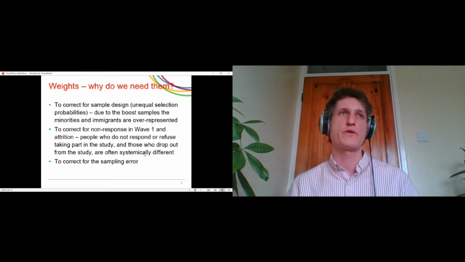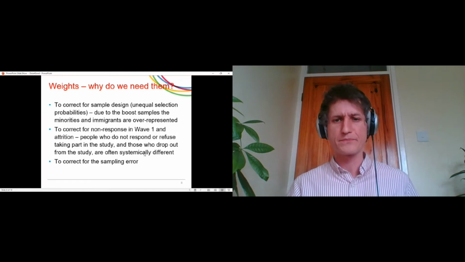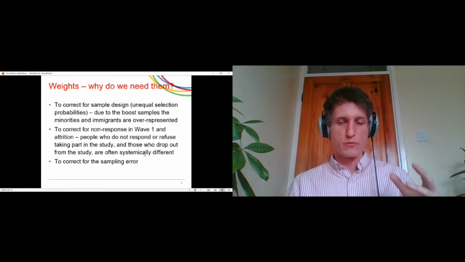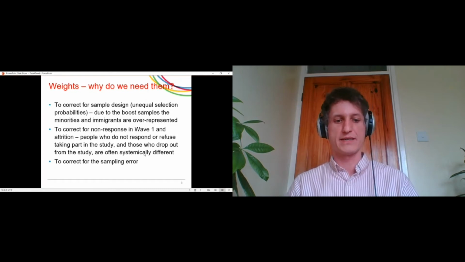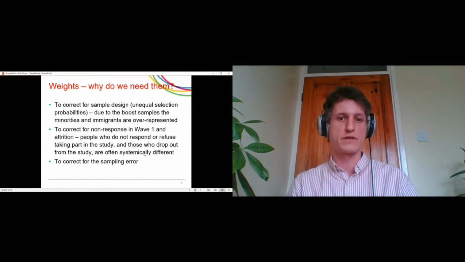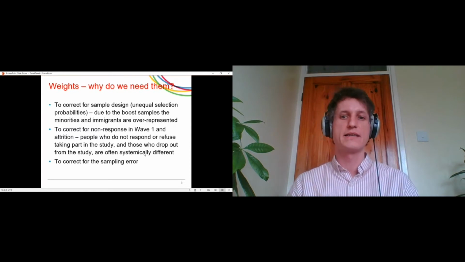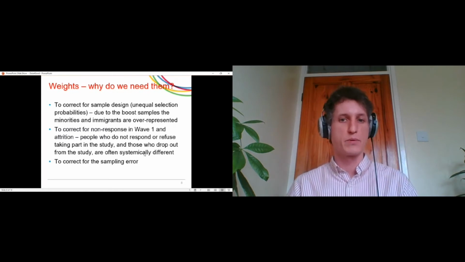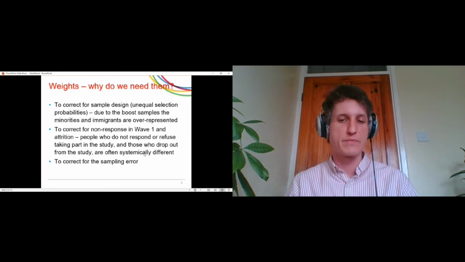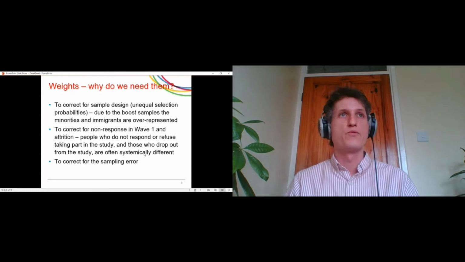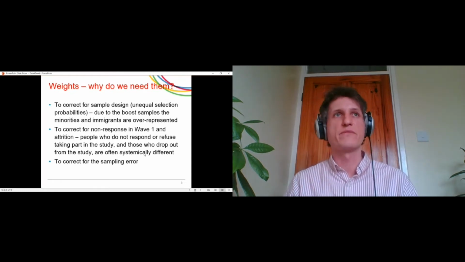Because we have so many different subsamples, and most importantly, the boost samples, some groups of people are overrepresented. So the percentage of them in the sample is larger than it is in the population, which means that for some variables, let's take an example of income, and take an example of ethnic minorities.